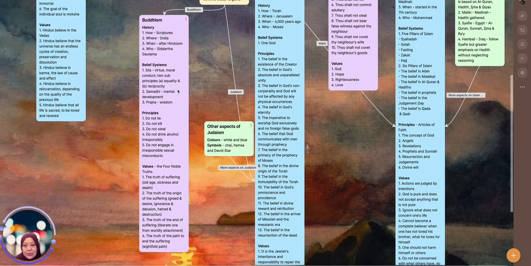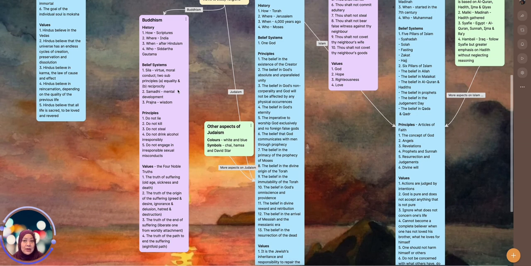In order for you to have moral conduct, you must have very good and sound mental development. And only then will you go to the third and last sequence, Prajna, which is wisdom. So there are 3 levels or sequences of this belief system for Buddhism: Sila with 2 sub-principles, equality and reciprocity, then Samadhi, second, mental development, and third, Prajna or wisdom.